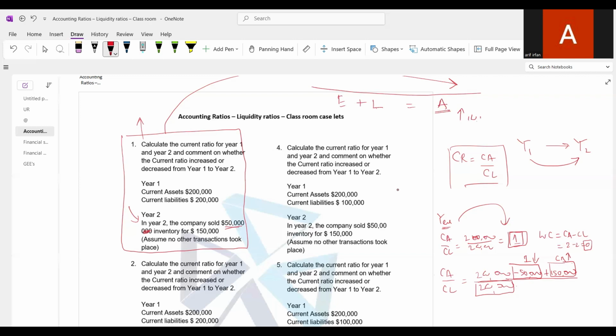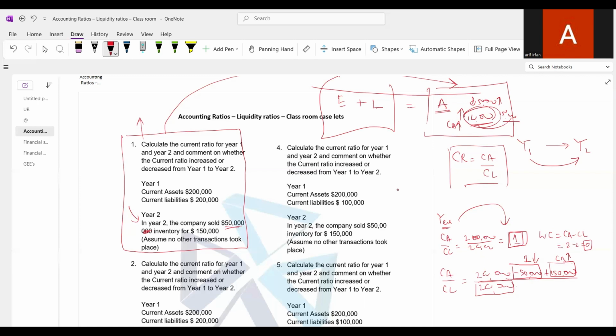Equity plus liability is equal to asset, right? Overall, 100,000 increase in the current asset: 50,000 decrease in inventory and 150,000 increase in cash. So asset side 100,000 increase, and either equity or liability also increases by the same amount. Though it is not asked, I am trying to explain.